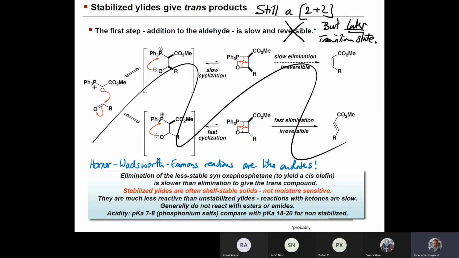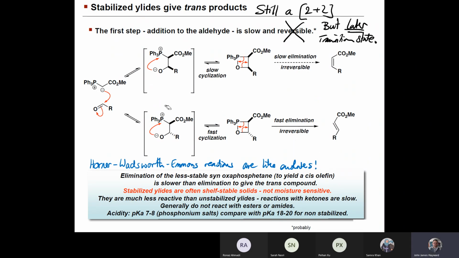Okay, so this is true when you're looking at phosphorus, double bond oxygen, OEt2. It is not the case for ylides.